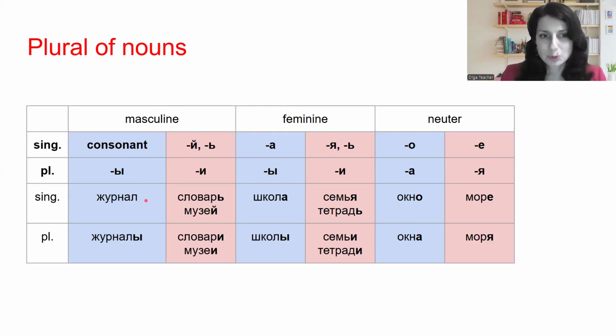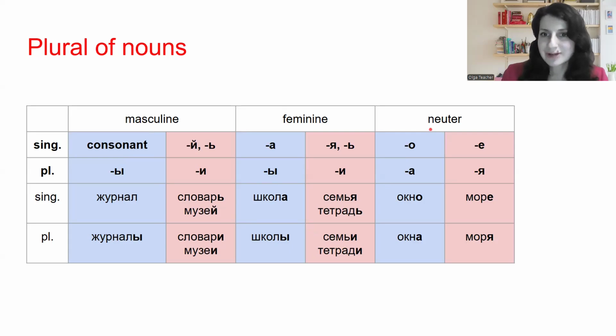For example, журнал, журналы, школа, школы, словарь, словари, музей, музеи, семья, семьи, тетрадь, тетради.